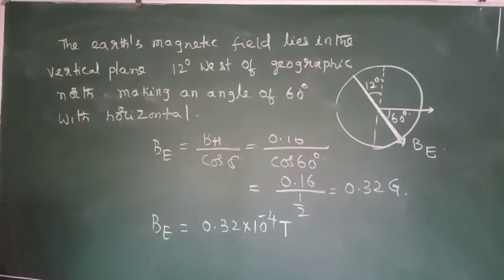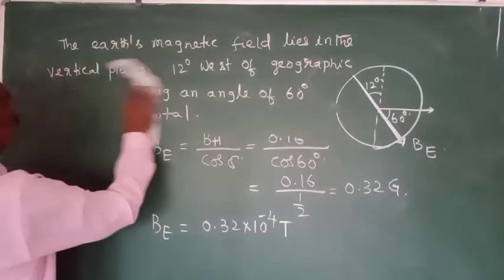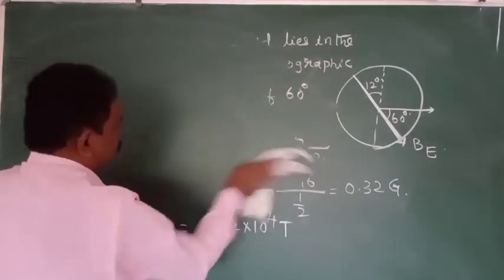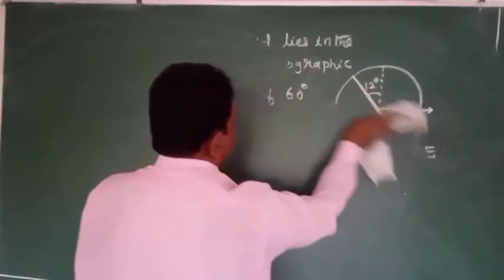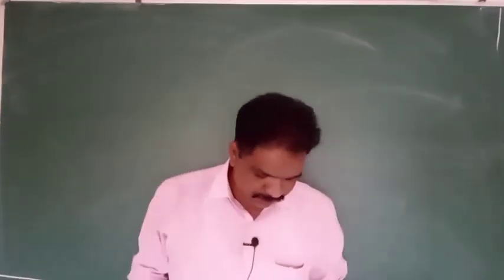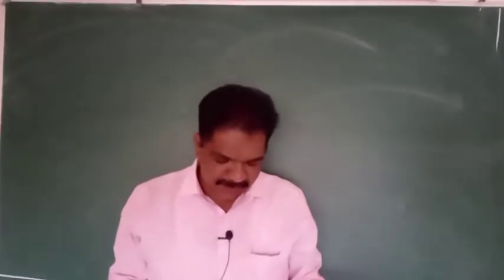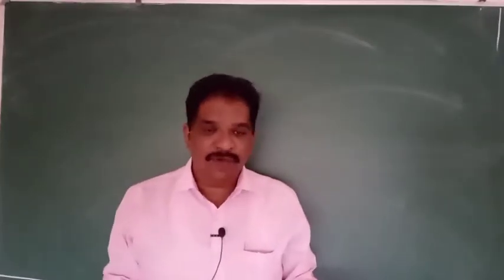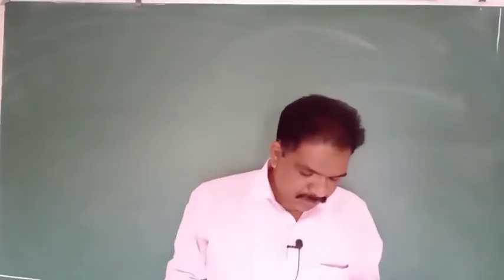Next, see the next one, the 12th one. What they are asking: a short bar magnet has a magnetic moment of 0.48 joule per Tesla.